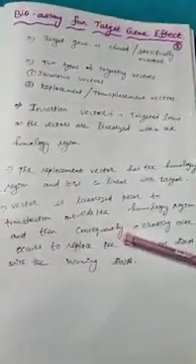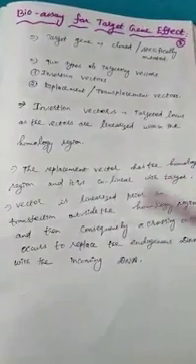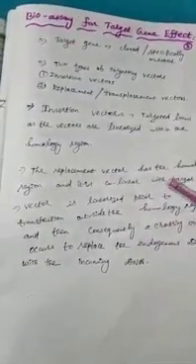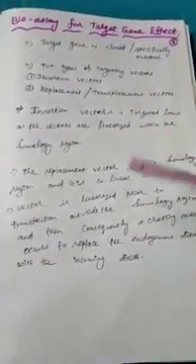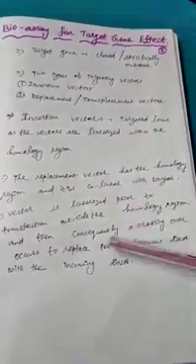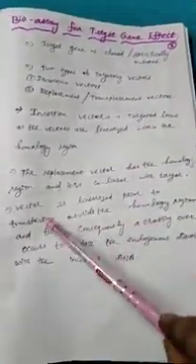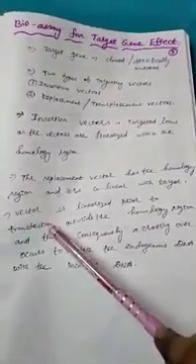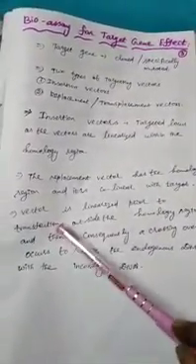The next one is the replacement vector. In the replacement vector, the homology region is collinear with the targeted DNA. Here also the vector is linearized before the transfection. Transfection means introduction of foreign nucleic acid without the vectors, outside the cell.